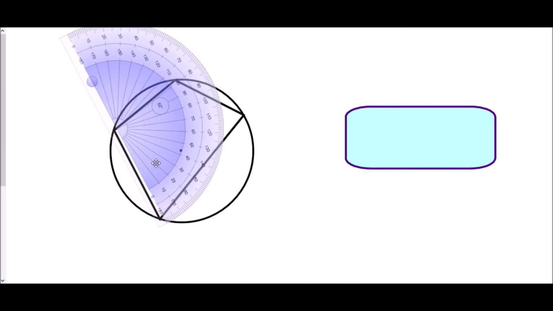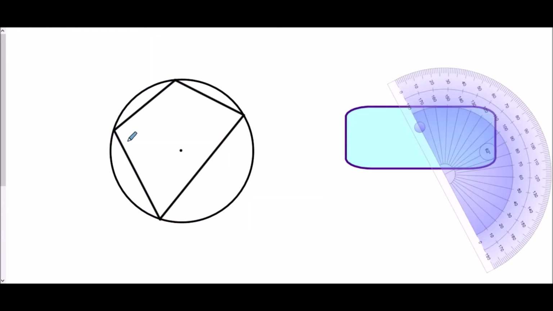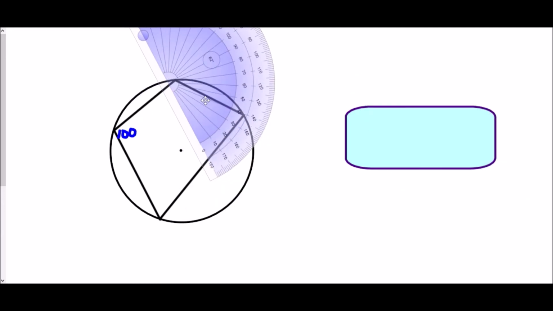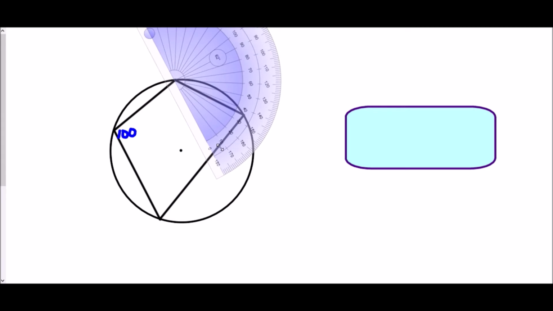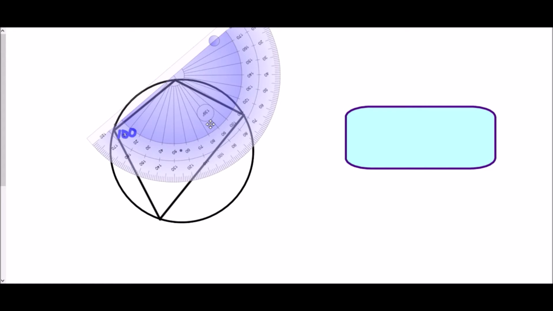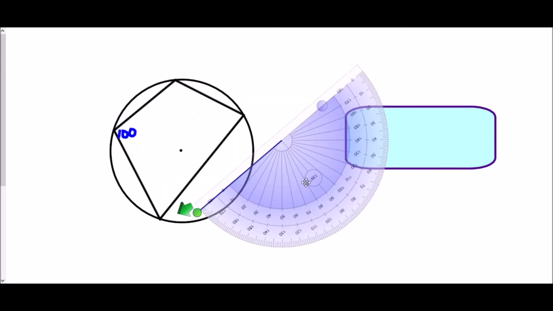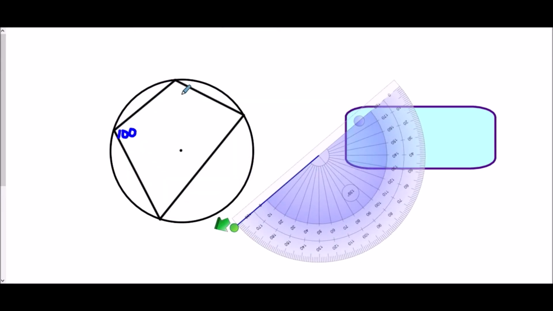And so I can see that the first angle I have is 100 degrees. And if I keep making my way around the shape, this angle is around 115 degrees.